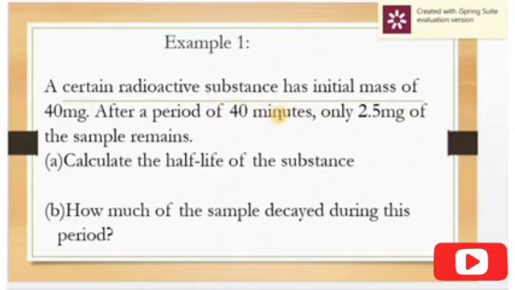There are several ways in which we can do this. Determining the number of half-lives is the beginning point where we can now calculate the half-life, and if we have the number of half-lives, we can know how much of the sample decayed during this period. So to begin with, we are going to calculate the number of half-lives for the sample.